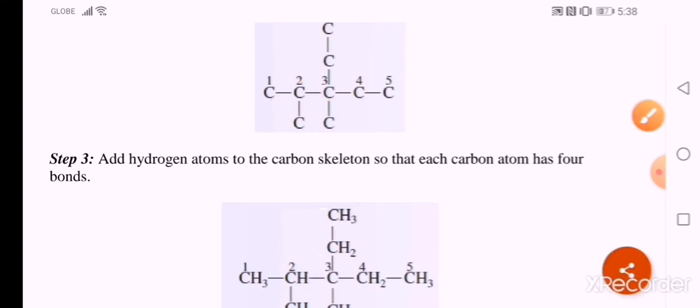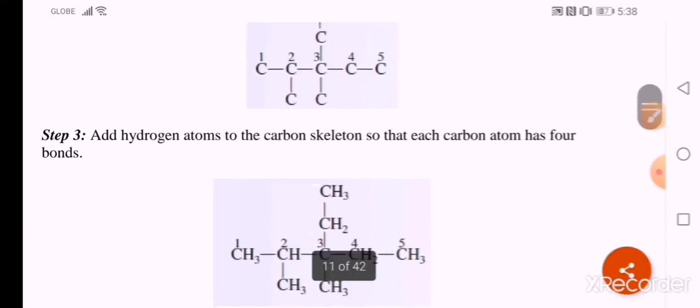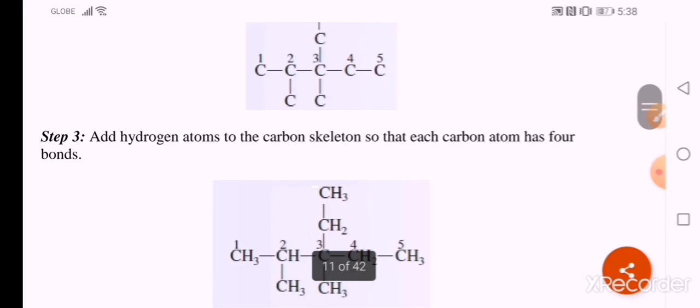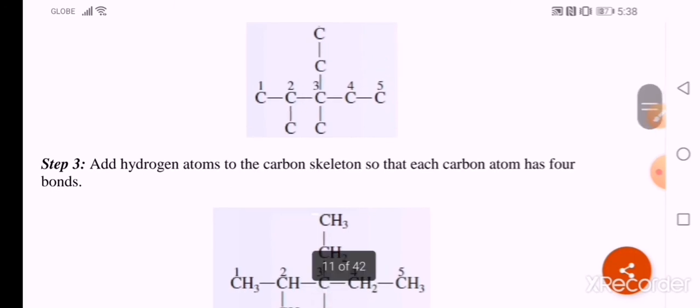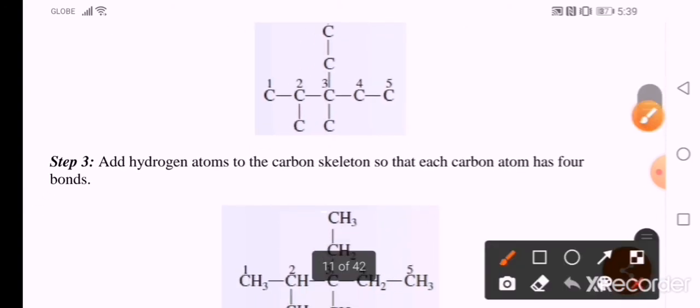When it comes to carbon number 3, okay, carbon number 3 is attached to carbon number 2. Ito yan, may single bond siya. It is also attached to carbon number 4. So that makes it 2.